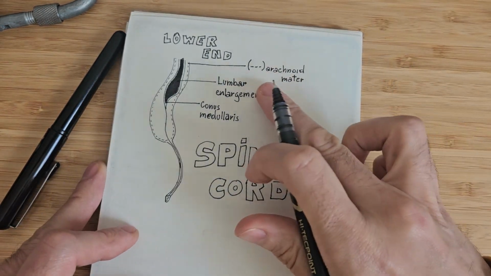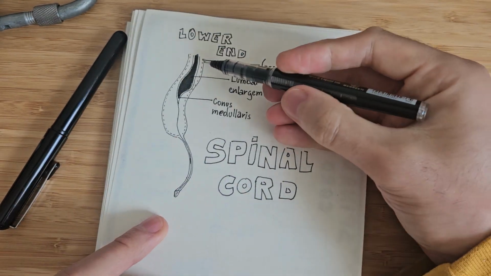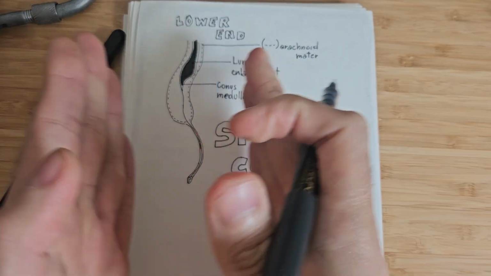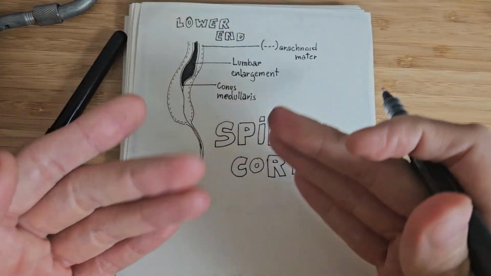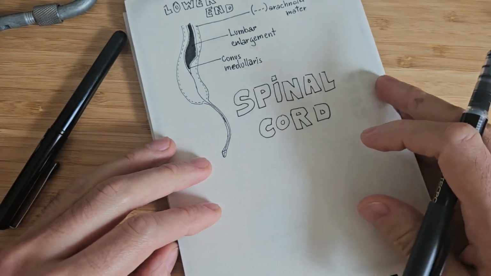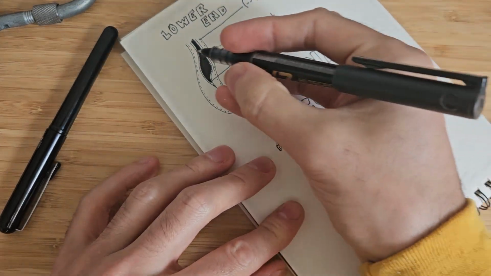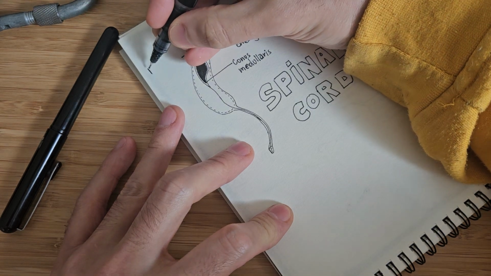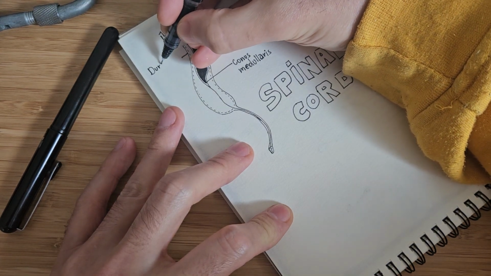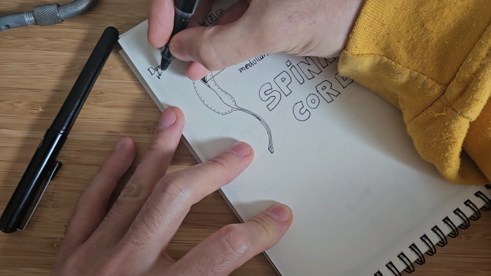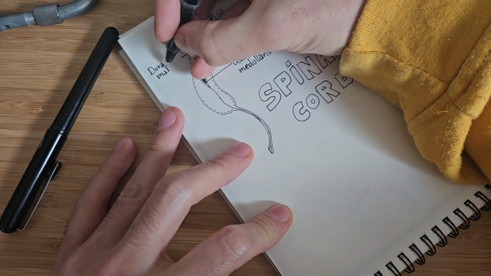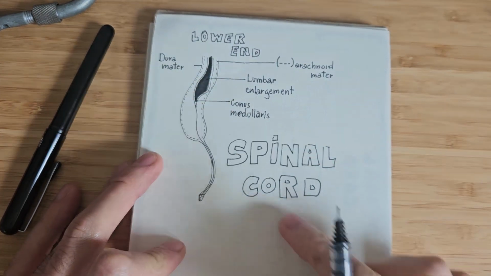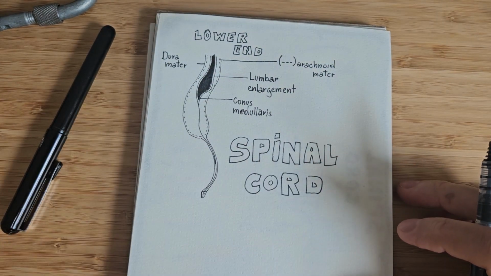Okay, we have the arachnoid mater represented by these dotted lines. And then the most external layer is the dura mater, which is this one. For this one, I'm going to label this side. Dura mater. Okay, we have the dura mater right here.